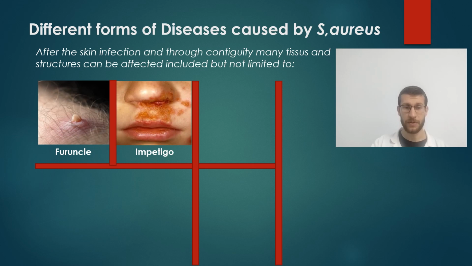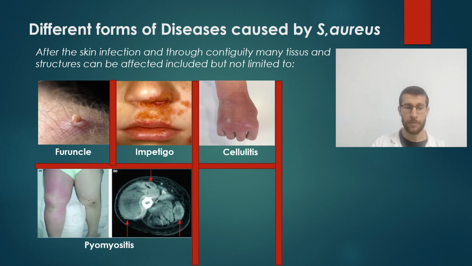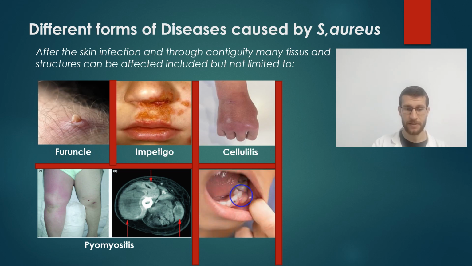If we move deeper to the next part of the skin, which is called the dermis, its infection is called cellulitis. If the infection goes deeper into the muscle part, the infection is called pyomyositis. Another type of the infection is called abscess.